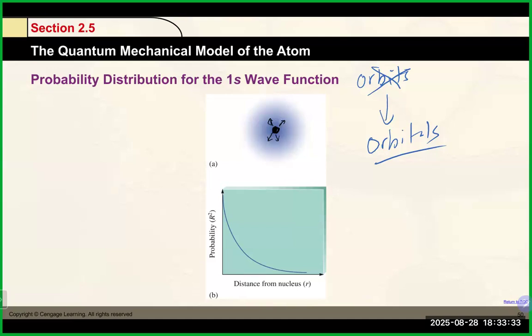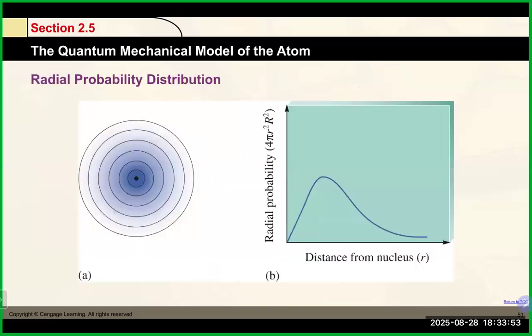As you move away from the nucleus, I don't know how well you can see on the screen, not too bad, you can see it get a little bit lighter. That doesn't mean you can't find an electron out there. There's just a lower probability of finding an electron out there versus near the nucleus. And that's what we see here.